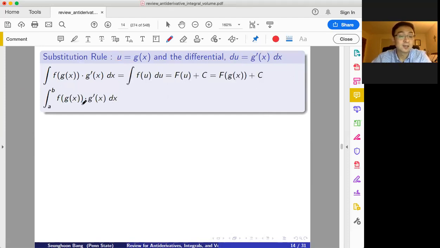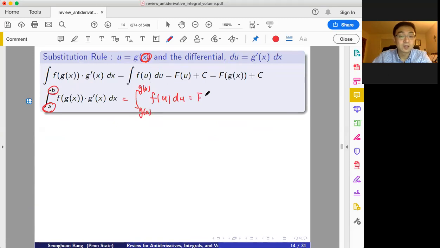What about a definite integral? This is very similar. The inside is the same, f of u du. What is the difference? You can plug a into here, we have g of a. You change the lower limit. You plug b into here, g of b.